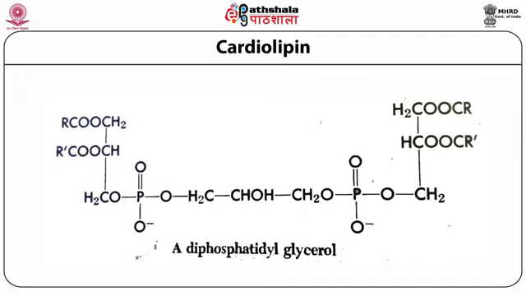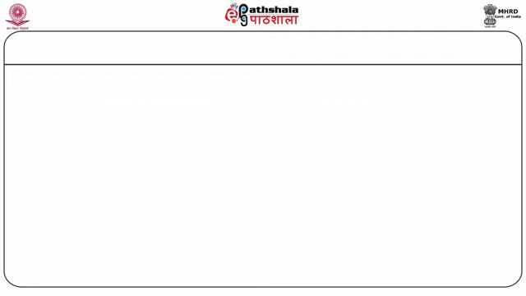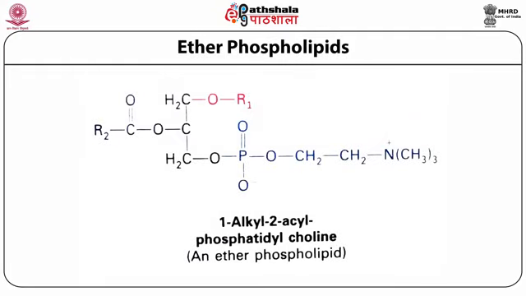The enzyme catalyzing this reaction requires calcium ion and is situated on the cytosolic side of the endoplasmic reticulum. It is called base exchange enzyme. Some analogues of phosphatidylcholine contain an ether linkage instead of an acyl unit at the C1 carbon.